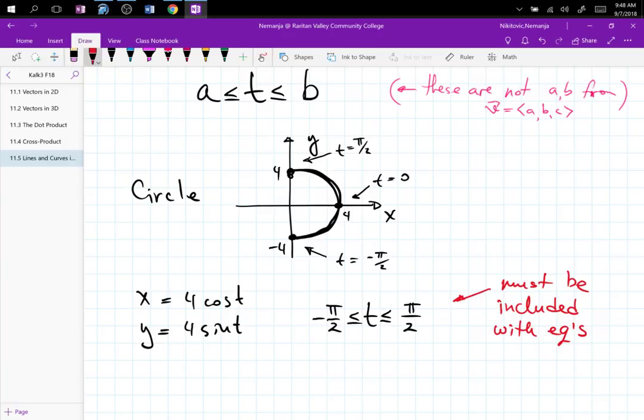So if you say that you are designing something that has to be 4 feet long, you have to make sure that your parameter t allows for the 4 feet long chord.